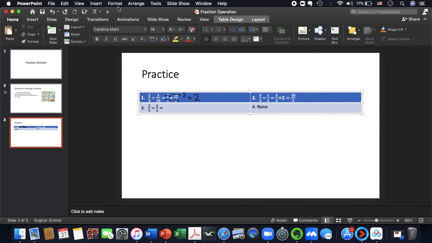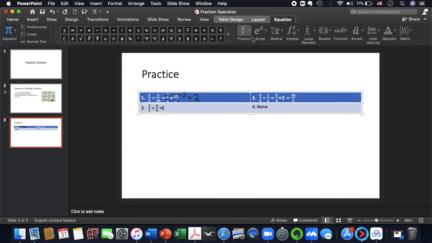And then question 3. We have 3 over 9 divided by 6 over 5. I'm sorry for the background noise, but there is some. So first, let's simplify 3 over 9. The simplified version of 3 over 9 is 1 over 3.